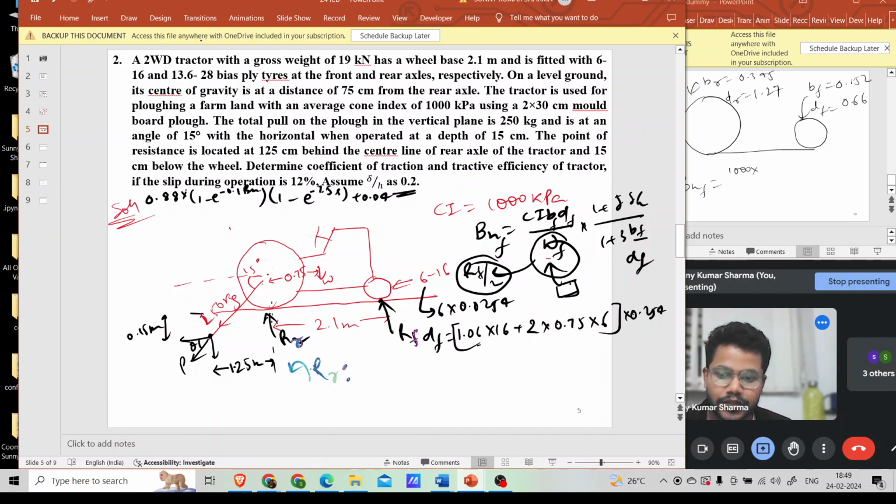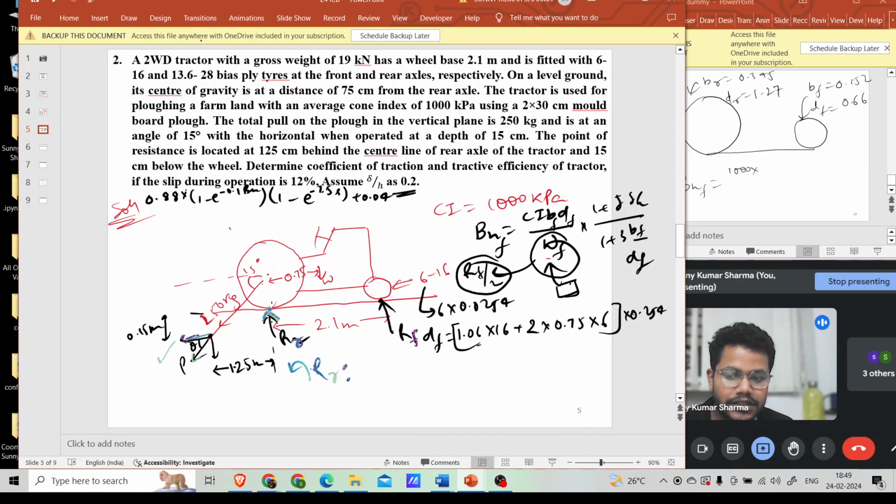Suppose this pull is acting here at an angle theta. So the horizontal resolution of P will be P cos theta and this is P sin theta. And P cos theta is giving a rotation about this RR, clockwise or anti-clockwise.